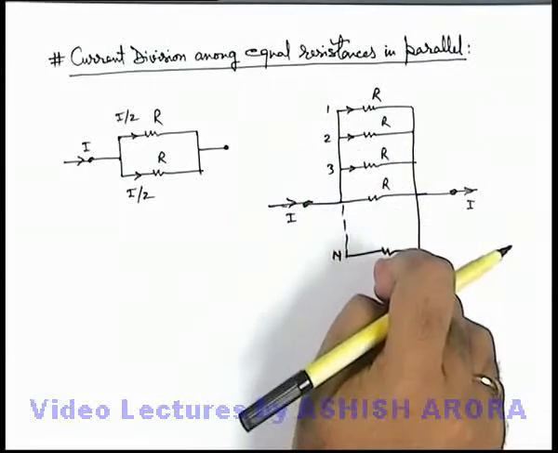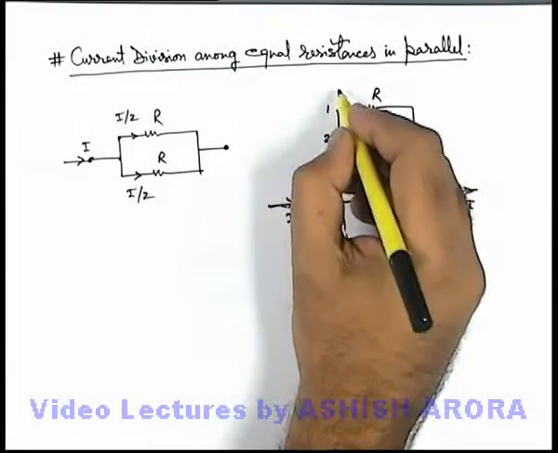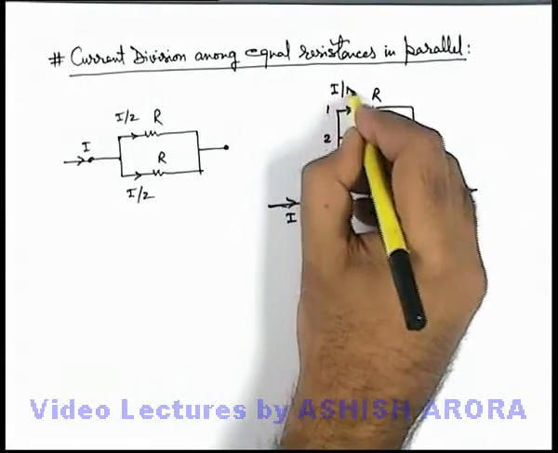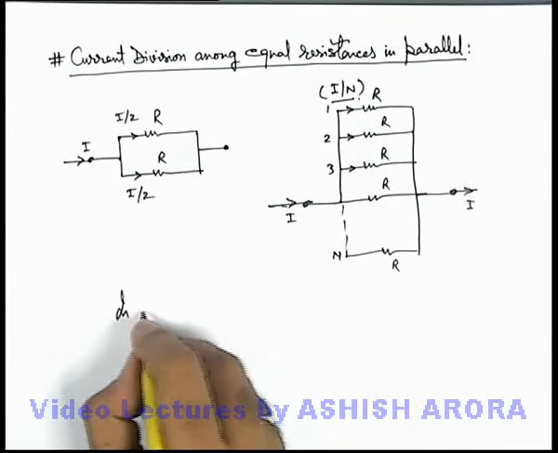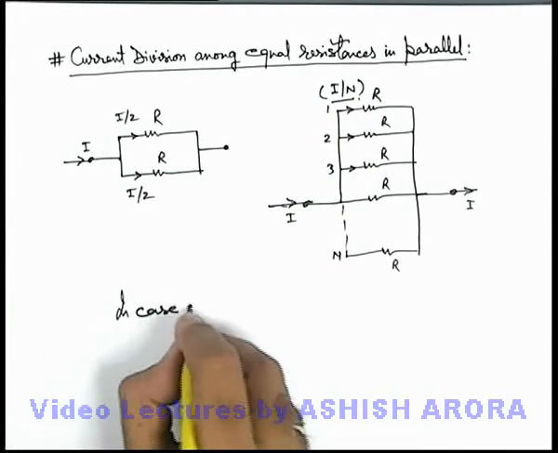Among all n resistances current will be equally divided, so current through each resistance will be I by n.